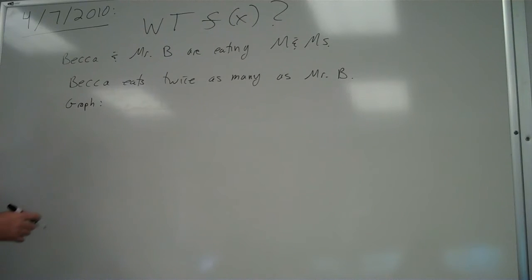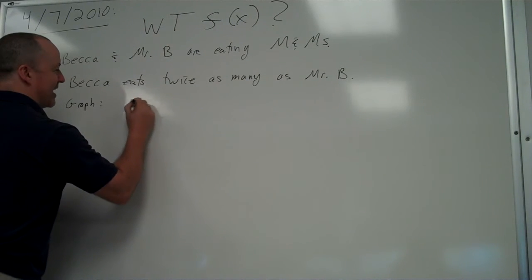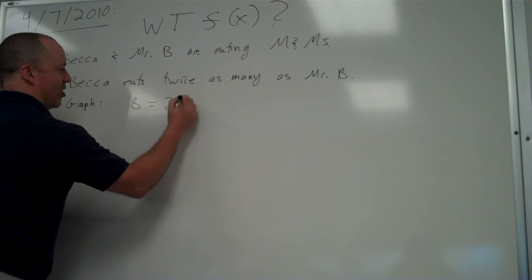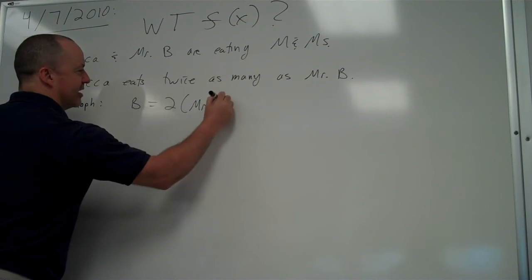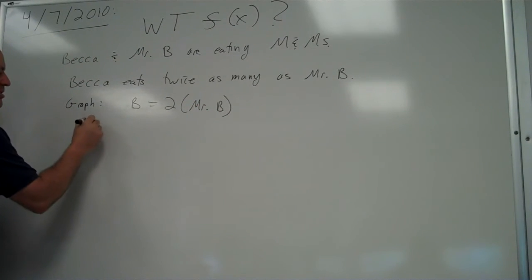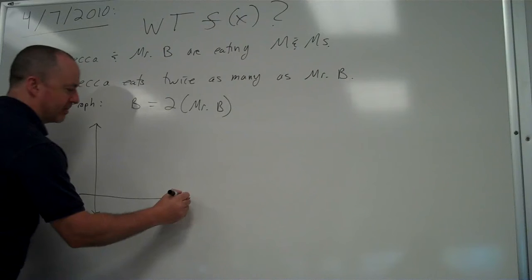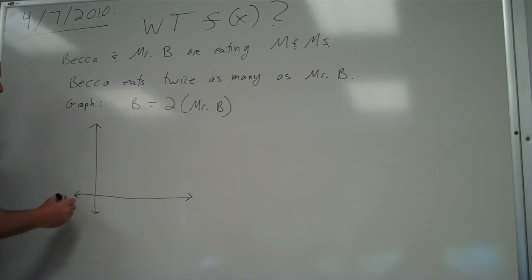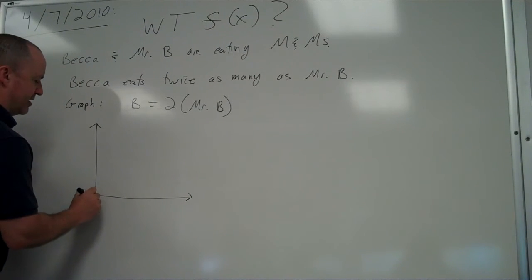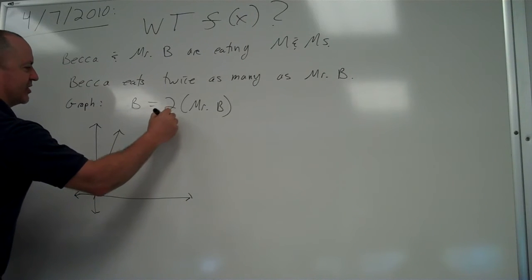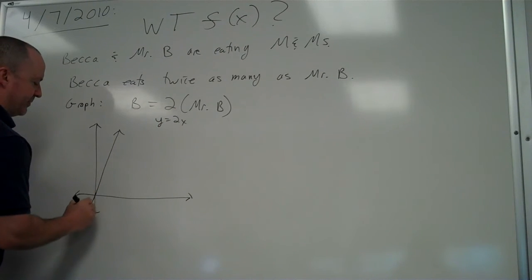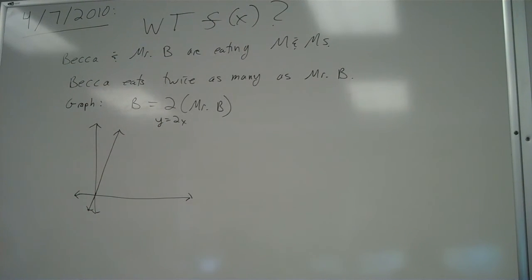If I graph that Becca's M&M consumption always equals 2 times Mr. B's M&M consumption, then I'm going to get a line that looks like the line y equals 2x, which goes through the origin.